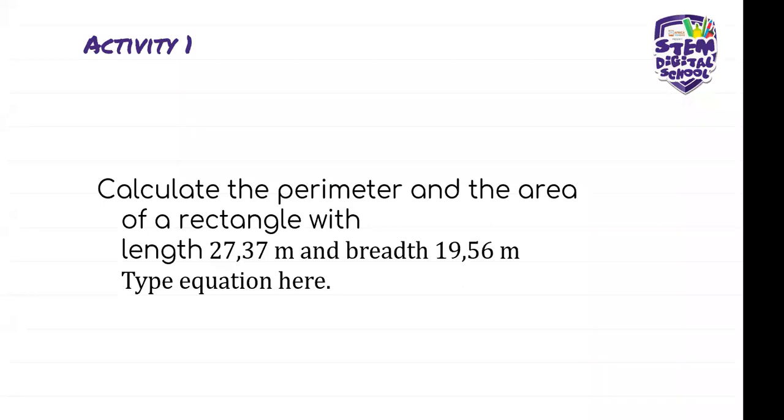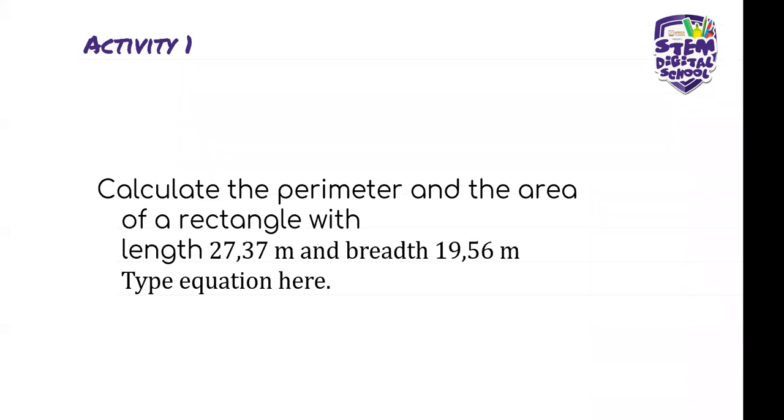So you can say 2L plus 2B. Alternatively, you can say the perimeter is 2 open bracket L plus B, and then you just have to add the 2. Now I'm giving you this opportunity to reflect as we proceed. So the length, as you can see, it's 27.37. And then, of course, you just have to multiply out.